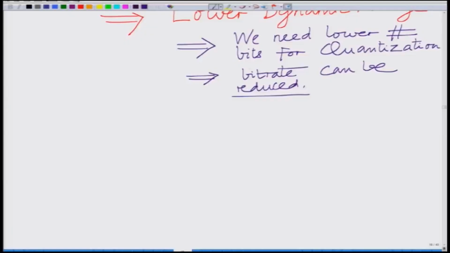Delta modulation is efficient because the quantizer resolution needed is only a single bit, and in fact delta modulation reduces this bit resolution required drastically.